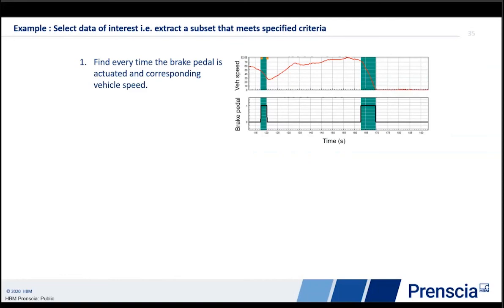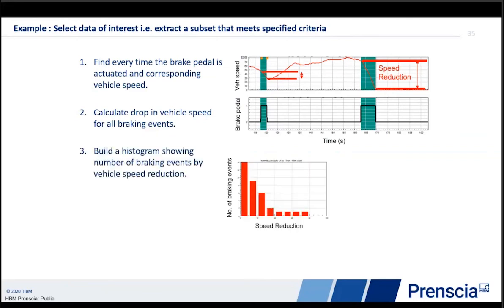So in this case, every time the brake pedal is actuated, we want to find the corresponding vehicle speed, such that we can then calculate a drop in vehicle speed for every braking event. And then once you've got that analysis, you can find those places. You can then build a histogram showing the number of braking events by the vehicle speed reduction. So you could see what your distribution of braking events is.